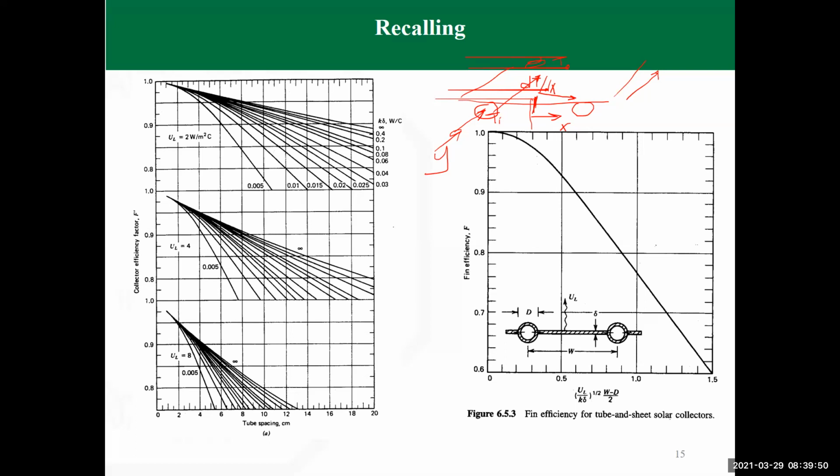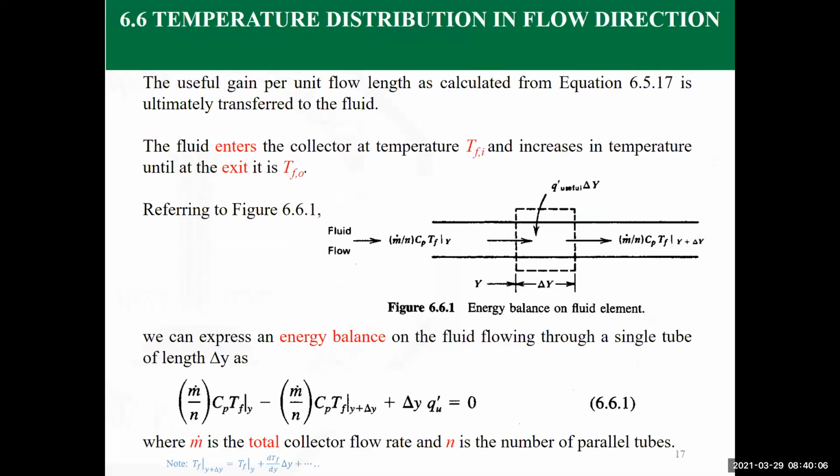But in our formulation here, we need to come up with a differential formulation, meaning that we are going to take an infinitesimally small piece of the pipe and look at what the energies in and the energies out are. When we do that, we will find that there's a fluid flowing.